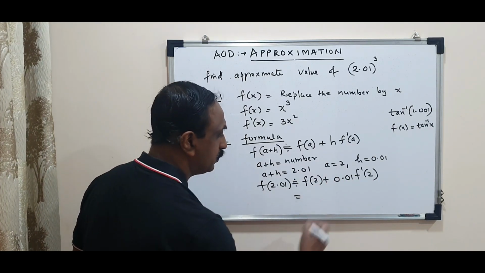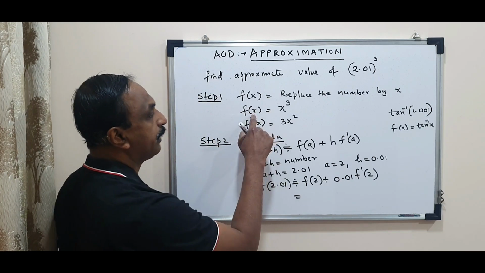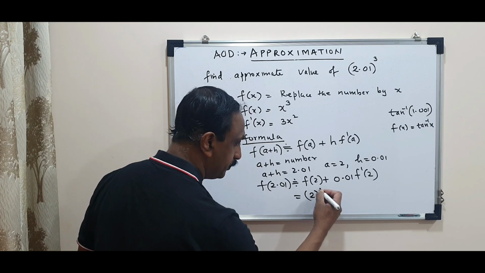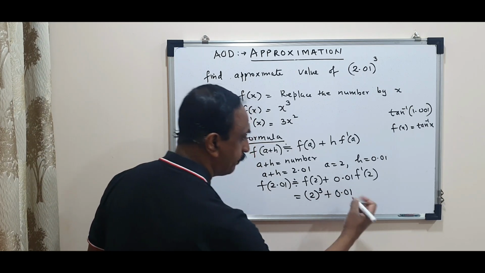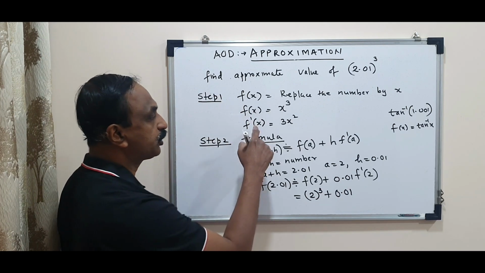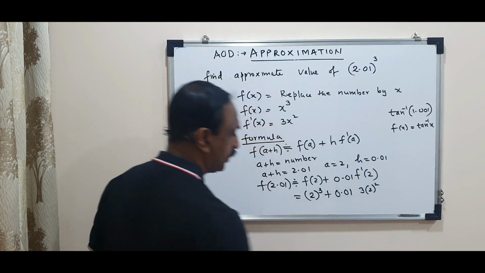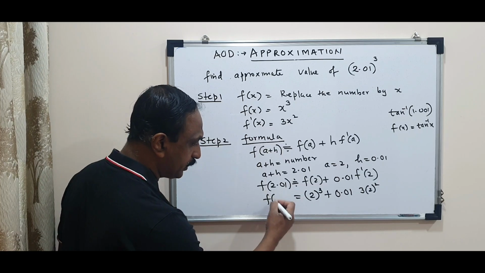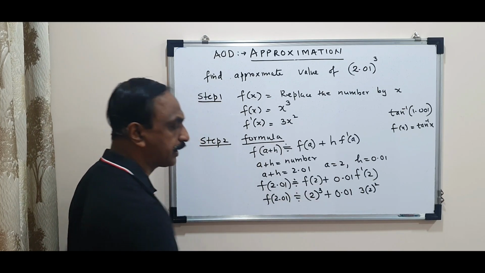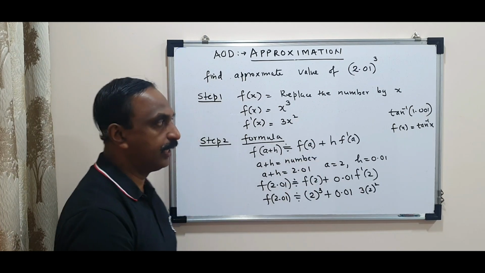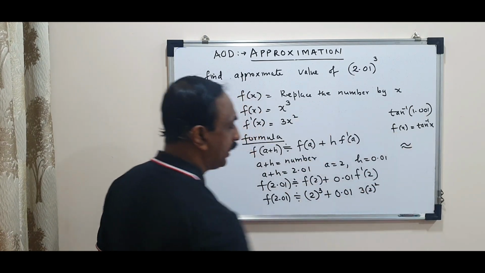Now how to calculate f of 2? Replace x by 2 here. So that is 2 cube plus 0.01 into f dash of 2. f dash of 2 is the derivative's value, 3 into 2 square. So f of 2.01 is approximately equal to, you can use either notation, anything will do.